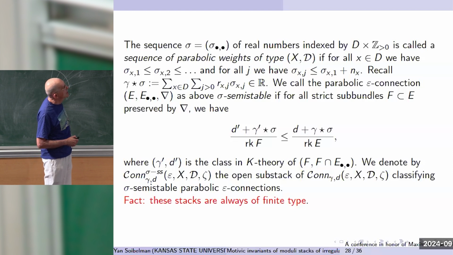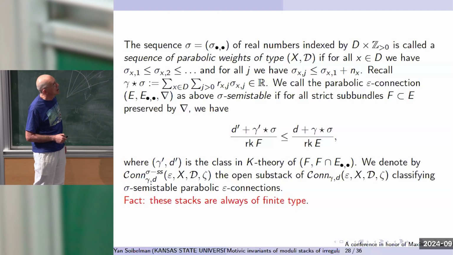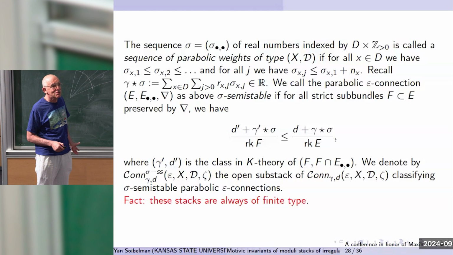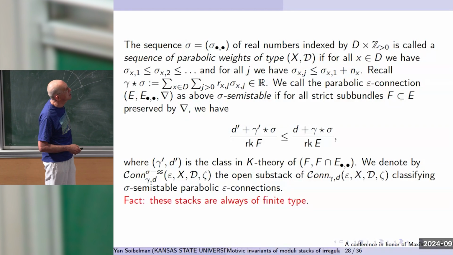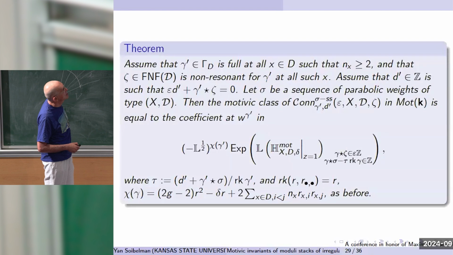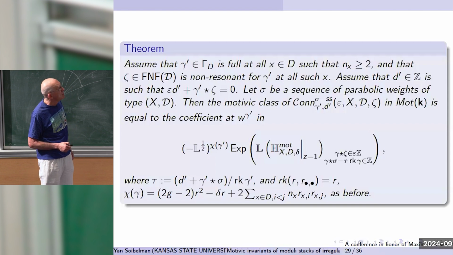And now we can speak about semi-stable epsilon connections with all these data fixed. So now these are stacks of finite type for every epsilon, including epsilon equal to 0, like the Higgs bundle case. And this is the answer for the Motivic class of the semi-stable locus with given parabolic weights.